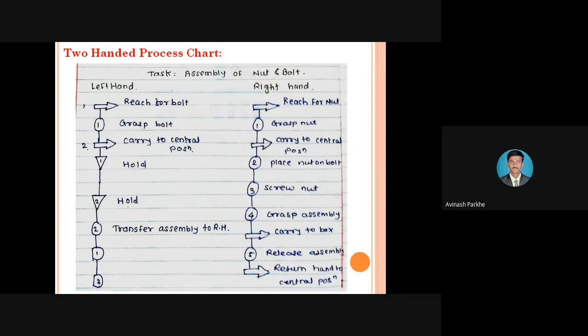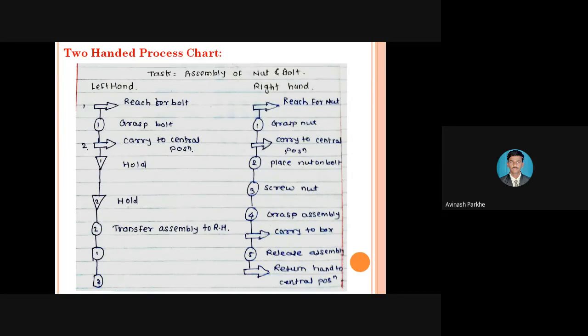In a single task, if the movement of the left hand is taking place as well as the movement of the right hand, both movements are represented using the left hand and the right hand charts. Therefore, this chart is called a two-handed process chart.